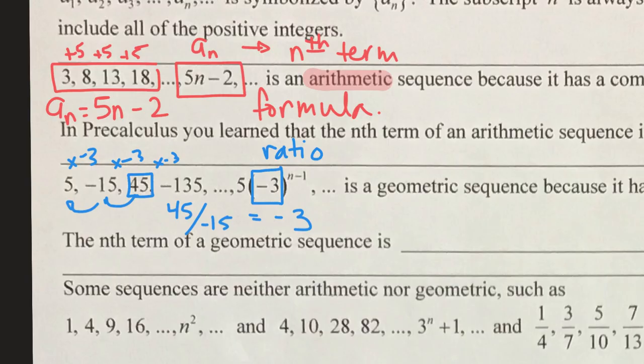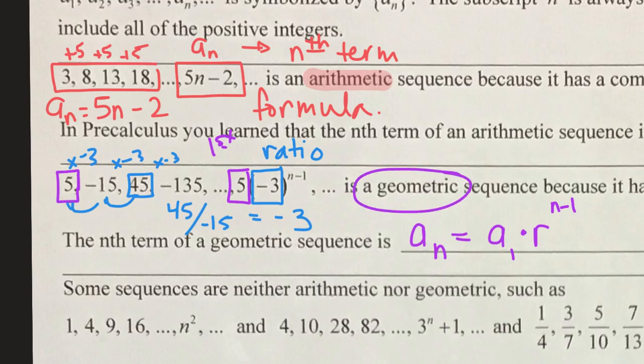Okay? Then 5 here, this 5 in front, this would be the first term of your sequence. Notice how our first term is 5. Well, that's our first term 5 for our sequence also. Okay, so our formula for a geometric sequence is a sub 1 times our ratio raised to the n minus 1 power. Okay, that's the formula that we can use to generate any number of term from our arithmetic sequence, I mean our geometric sequence.